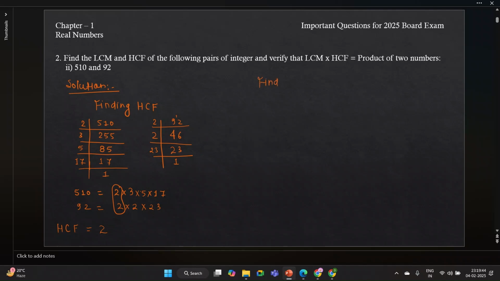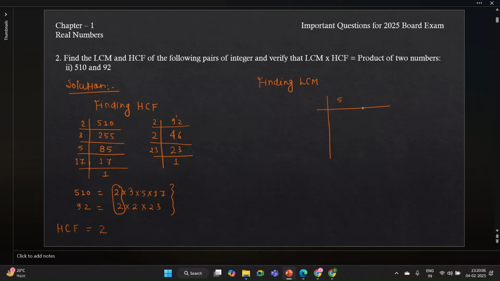Okay. Now I'm finding the LCM. So how can we find it? We have to use the table method, like the direct method. Actually, we can easily find the LCM by these factors also. But I'm telling you another method.